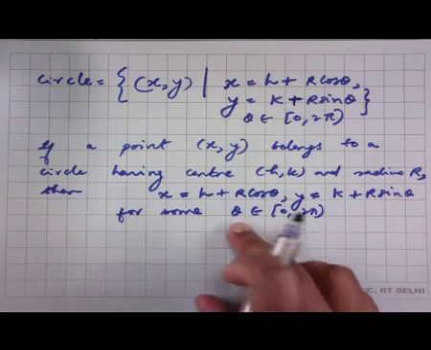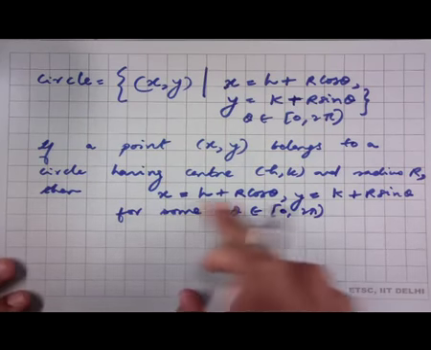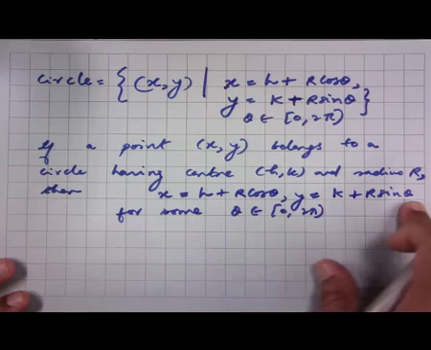So, there should exist some theta such that x is this and y is k plus r sin theta.